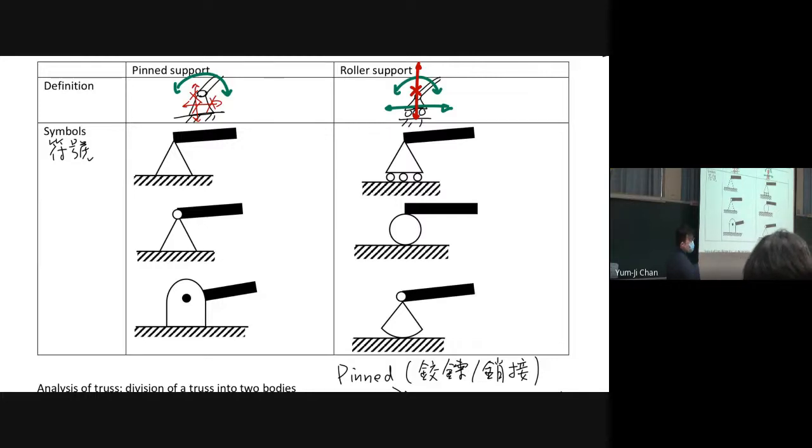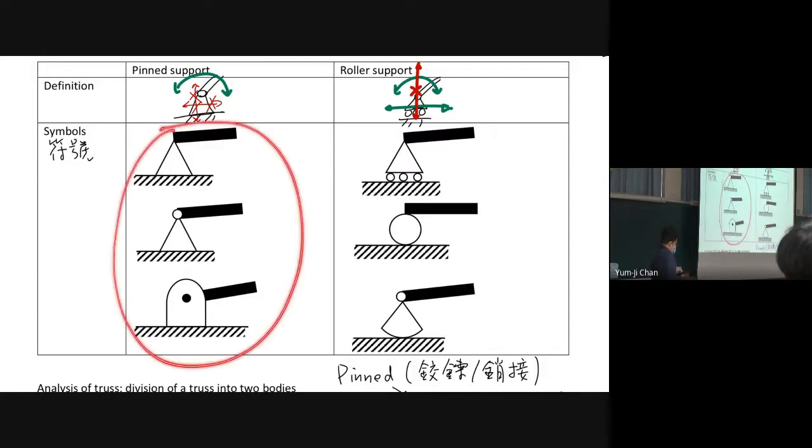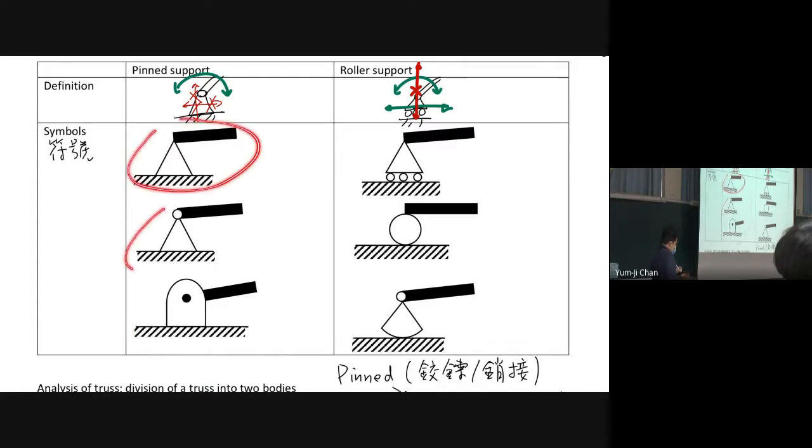For pin support, we have the 3 types on the left. Some books use this one, and some books use this one, and some books use this one. They are all the same thing.